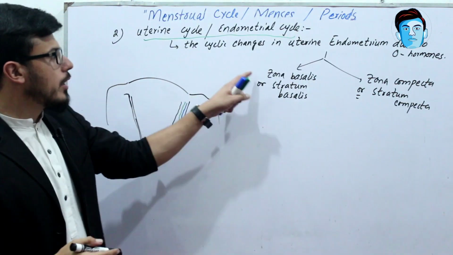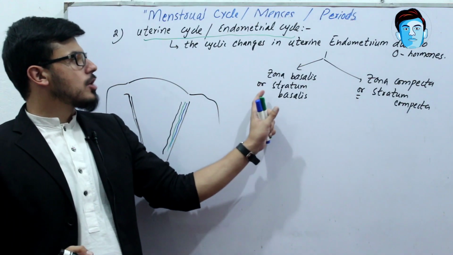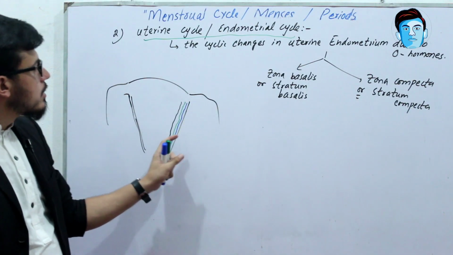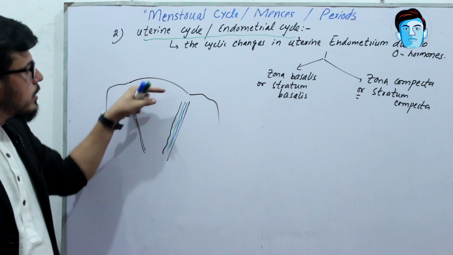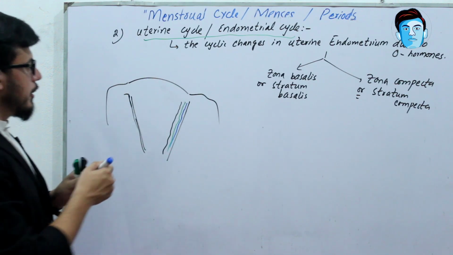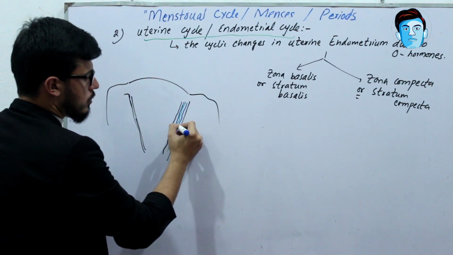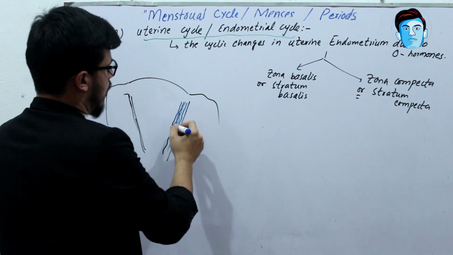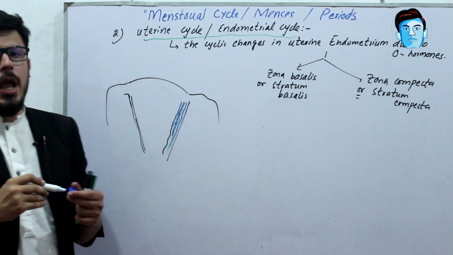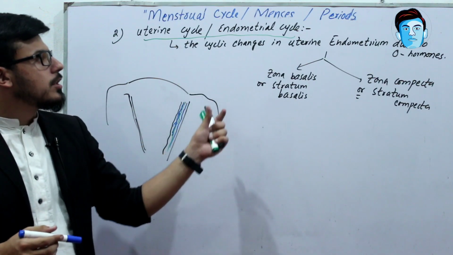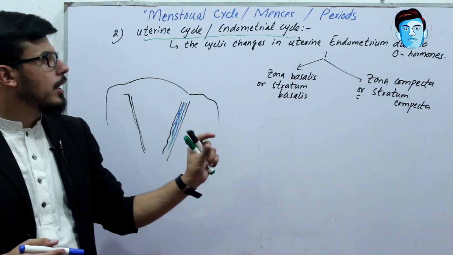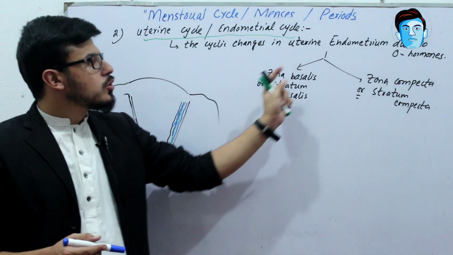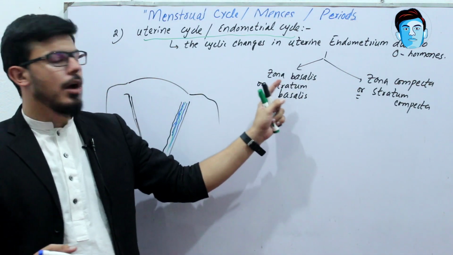Now, zona basilis or stratum basilis is closely associated with the myometrium. It is adhesive, with its adhesion to the myometrium, and the changes during the menstrual cycle do not occur in zona basilis.